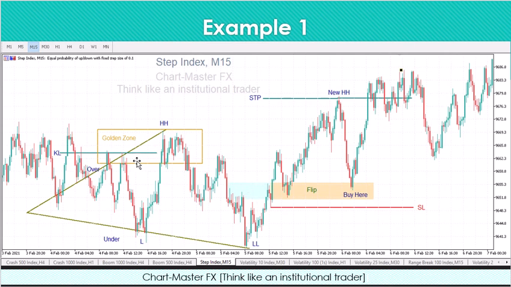So guys, we can see that when the price created a new higher high, now we wait for the price to come back. You can see that here the price actually made a rally, base rally. So that condition was met, and this rally, base rally, should occur within this region.